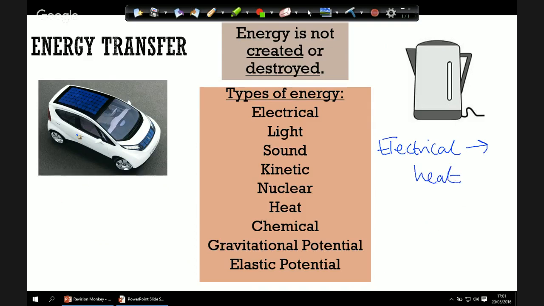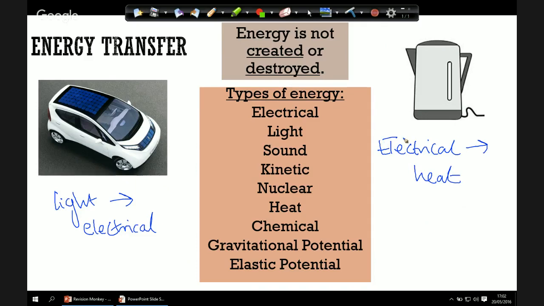Or for example, with this solar car, you will have solar energy or light energy transferred into perhaps either kinetic energy, if that causes the car to move straight away, or more likely into electrical energy, which then might help move the motor and things like that.